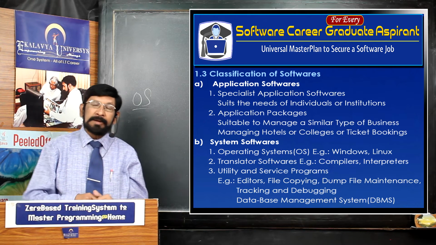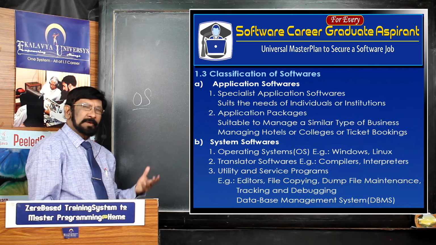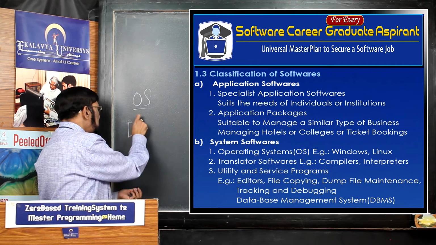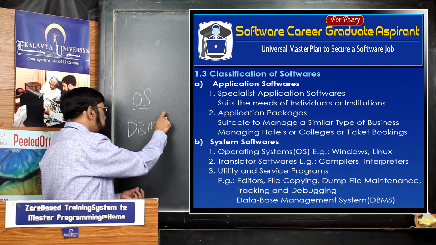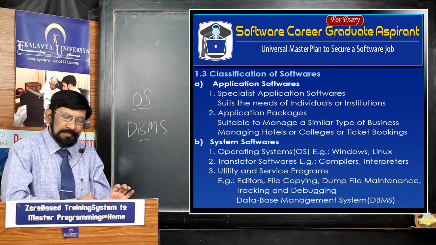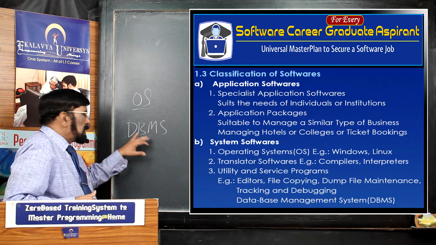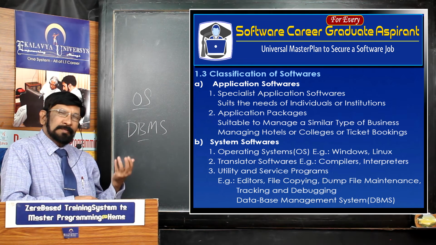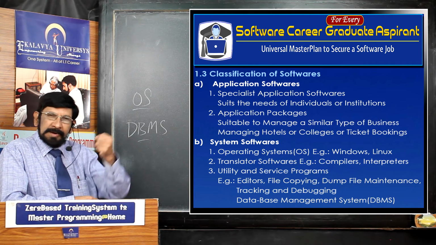And the database management system. Actually, the world has huge data. It should be managed. Database management system, DBMS. This is especially software. This is also utility software. Because of DBMS, we are able to manage data, because billions of data items are there.